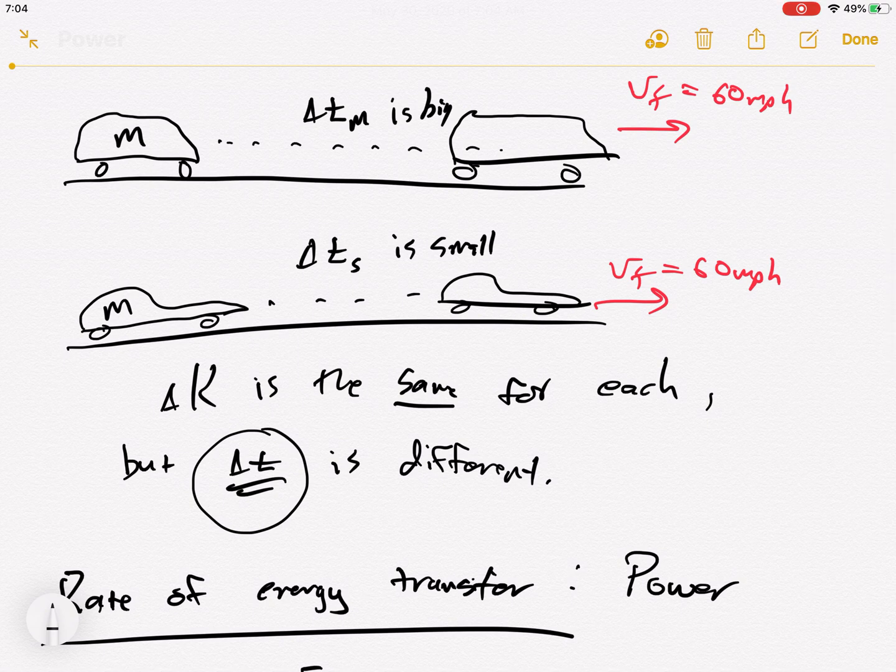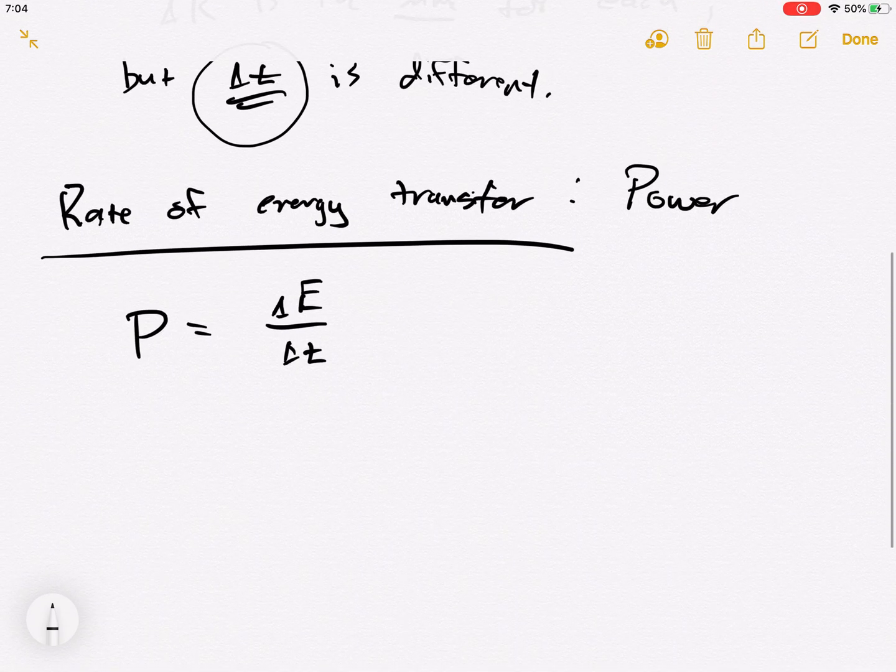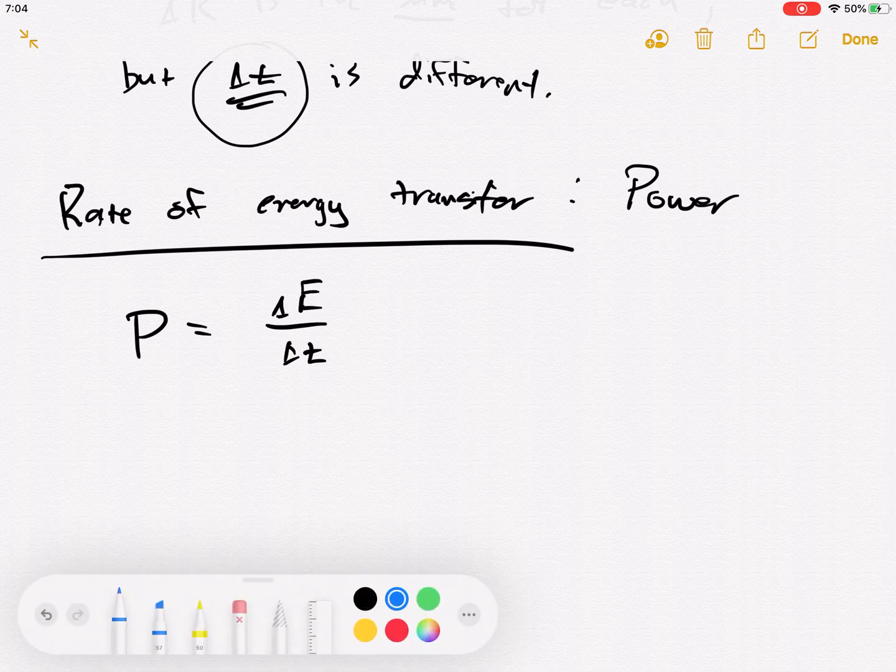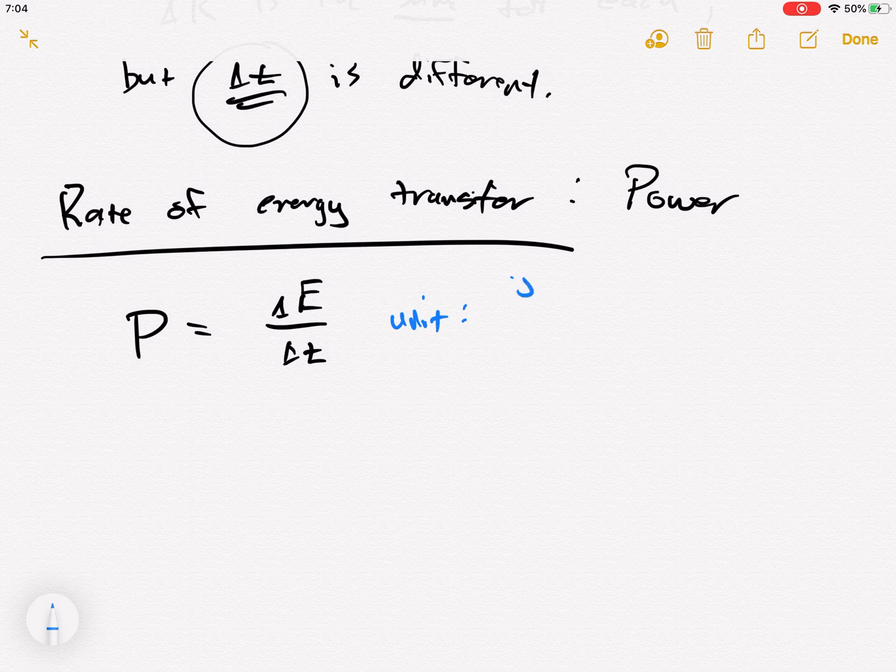When we think about engines, we talk about horsepower. Horsepower is a unit for the rate of energy use, right? Or rate of energy delivered. But horsepower is not the SI unit, right? The SI unit for this needs to be joules per second, right?